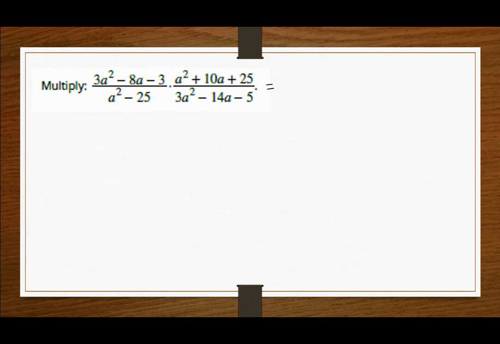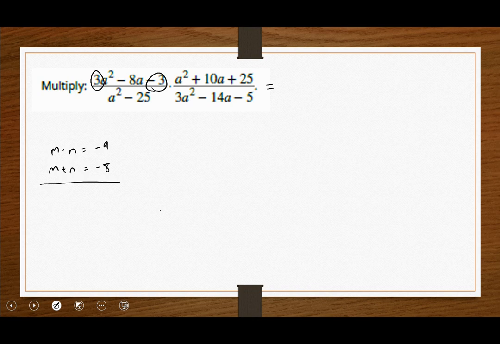This is a trinomial in the hard form where the square term has a coefficient greater than 1. So in order to factor here, I would need to be able to identify what two numbers multiply together to give me a times c, that also add together to give me the middle coefficient, -8.